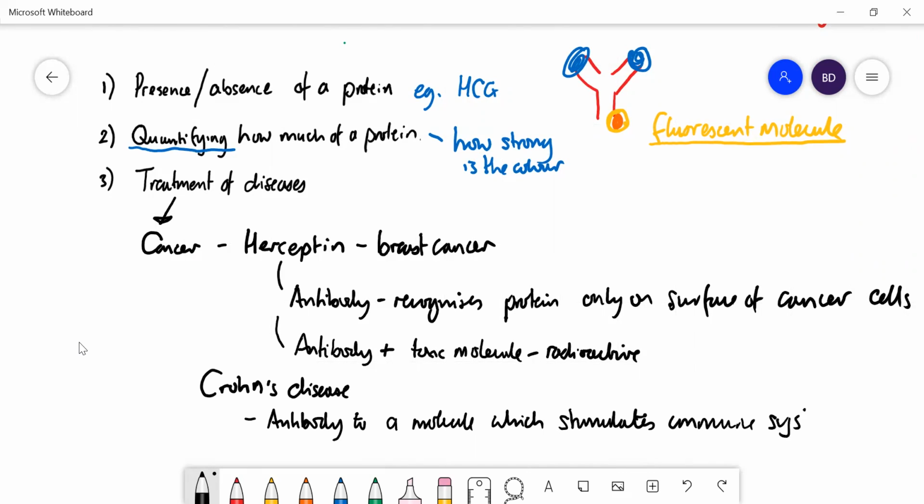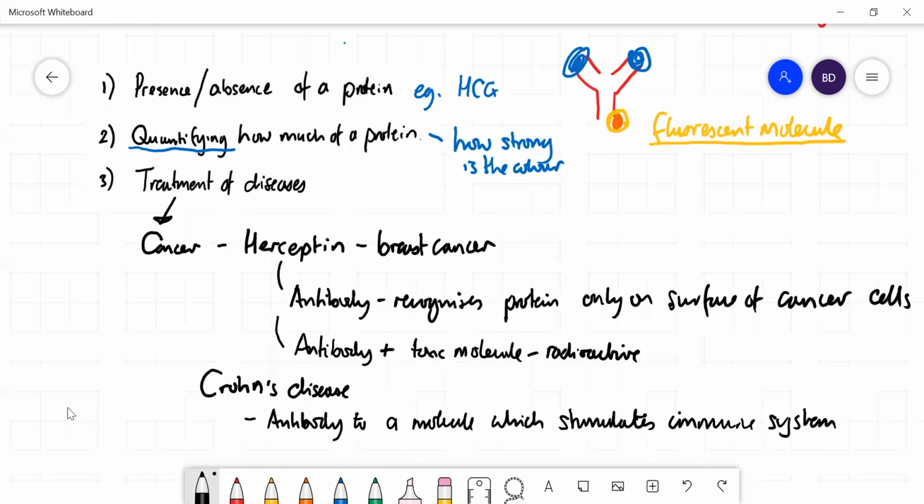So this molecule is called tumor necrosis factor, or TNF. It stimulates your immune system. If you can make antibodies to that, the immune system isn't stimulated, and that stops your own immune system attacking the cells of your intestine.